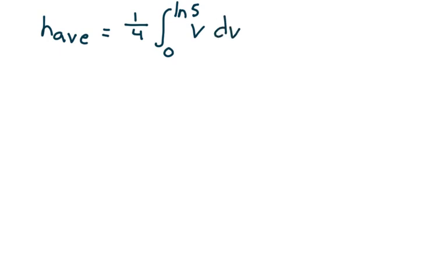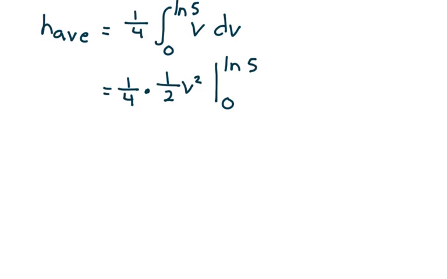And so the average value of h is 1/4 the integral from 0 to natural log of 5 of v dv, which is 1/4 times 1/2 v squared evaluated from 0 to natural log of 5.